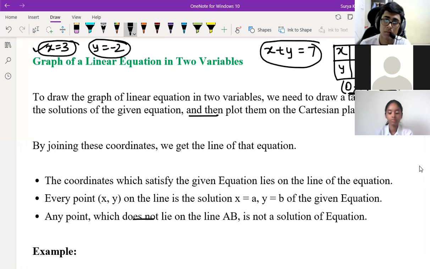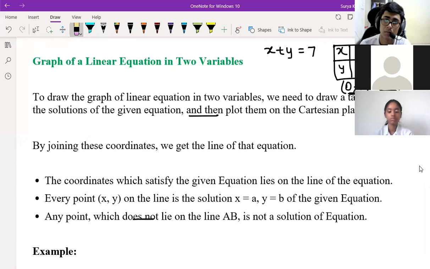If you're drawing x is a constant, it is parallel to the y-axis. If you're drawing y is a constant, it is parallel to the x-axis. Don't merge that concept into this equation. In this equation you have to take x, then you get the value of y. Understood? Yes, sir. That was a different concept. This is a different concept. Understood? Yes, sir. So that's it, children.